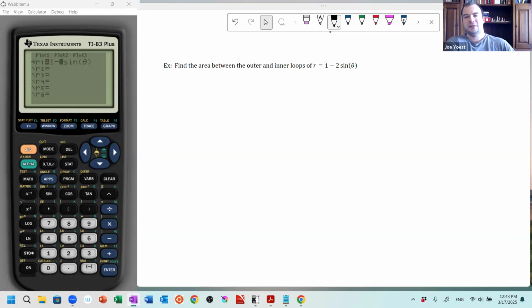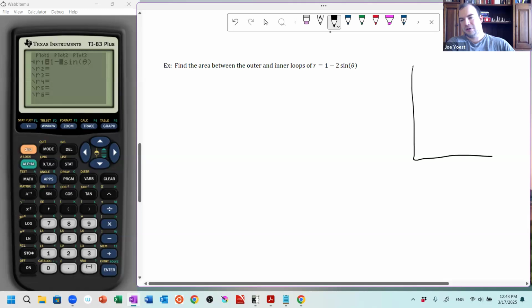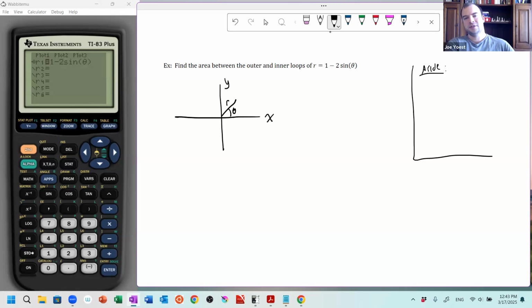So let me think about, I'm going to come off to the side here for an aside. So the xy graph of r equals 1 minus 2 sine theta, here I have x and y, and then I have theta and r. But I just want to get an idea of how r relates to theta.